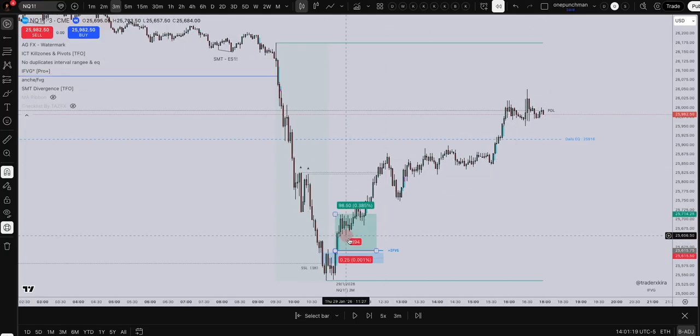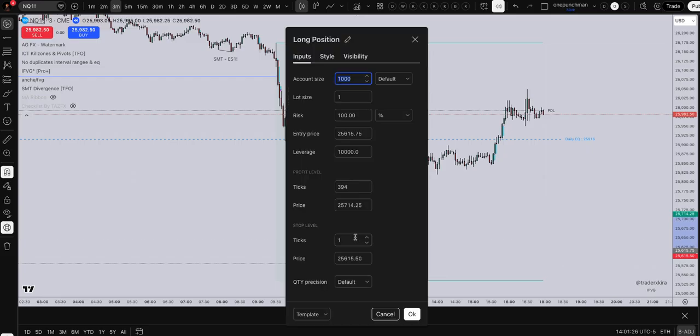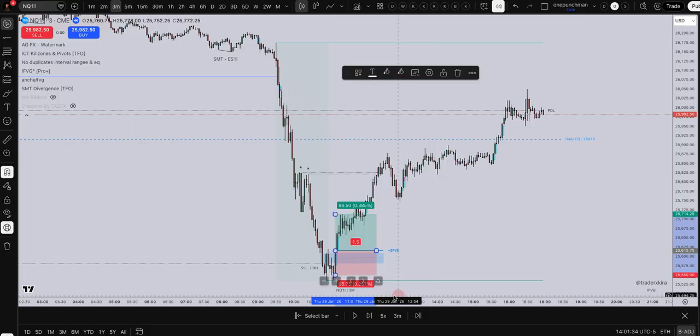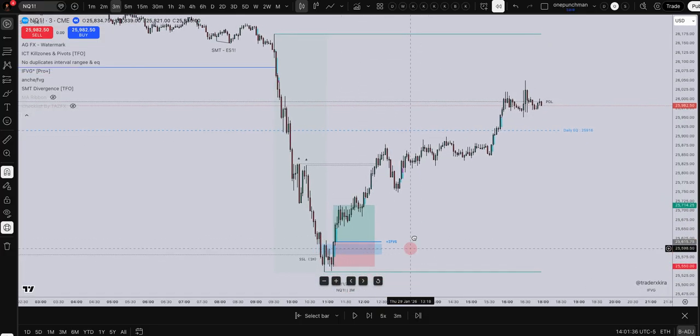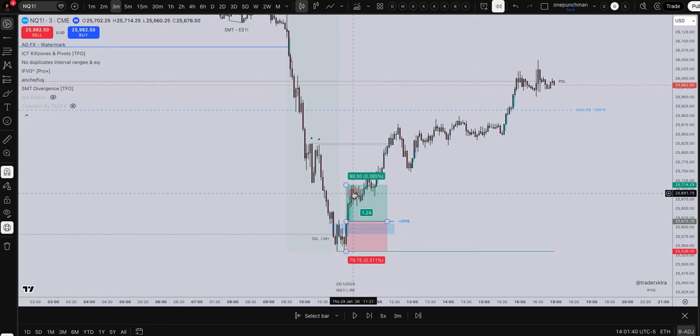Okay? But I want to just show you something. So this trade setup, put the stop in. Oops. 25550. Okay. So in this setup, I hit my dollar value. I'm good.